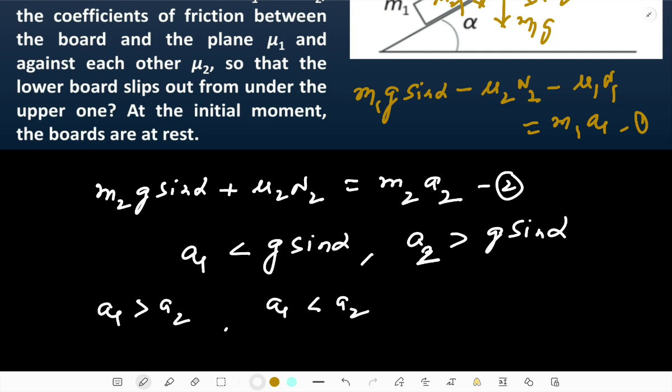So these two are contradictory. Thus a contradiction has been obtained under the assumption made by me that A1 is greater than A2.